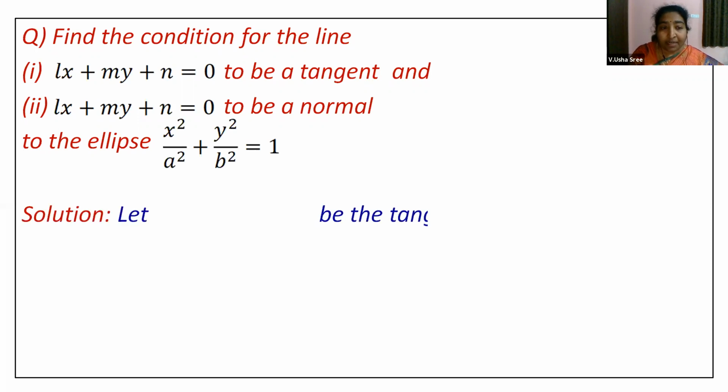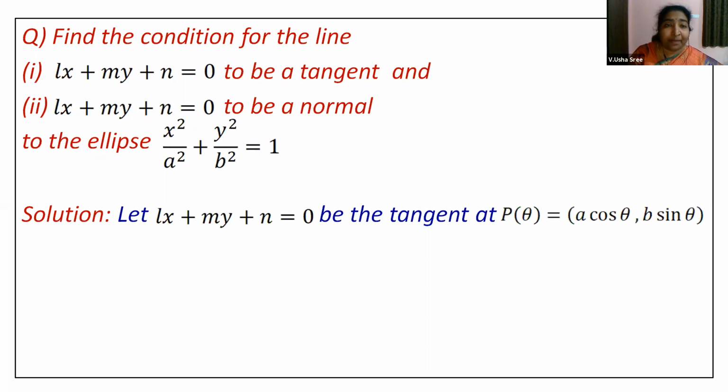Right, children? Now, we will say let Lx plus my plus n equal to 0 be a tangent. At some point, we need to have a point. Now, the point what I'm taking it in a parametric form.